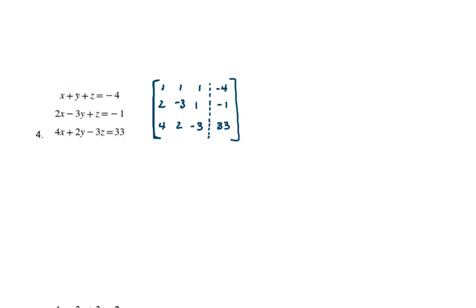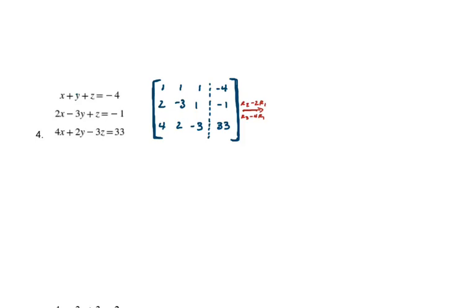So the way I'm going to do it here is, what I'm going to do first is take row 2 and subtract 2 times row 1, and I'm going to take row 3 and subtract 4 times row 1. So thinking about why I would do that, if I take row 2 and subtract 2 times row 1, that'll make my first entry in row 2 0, because I would take 2 minus 2.